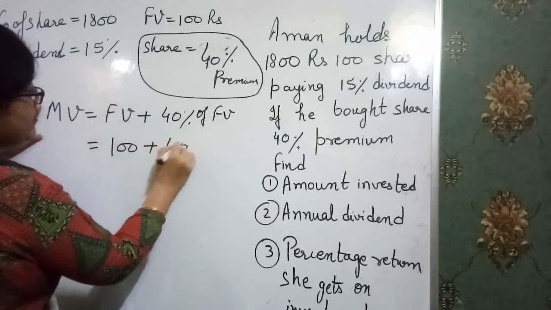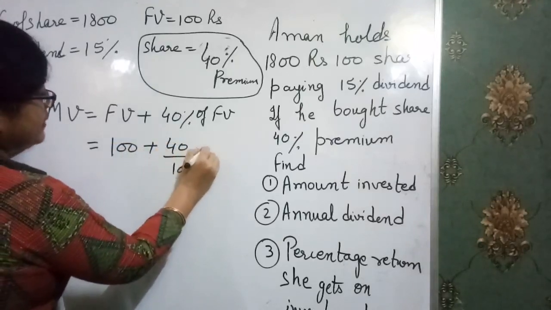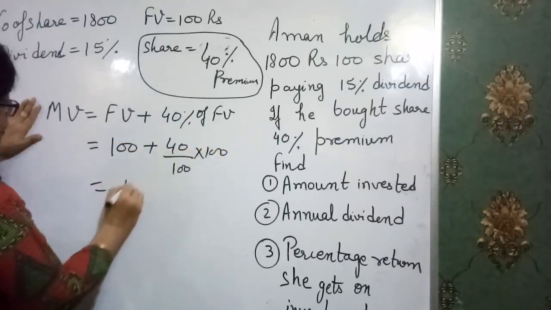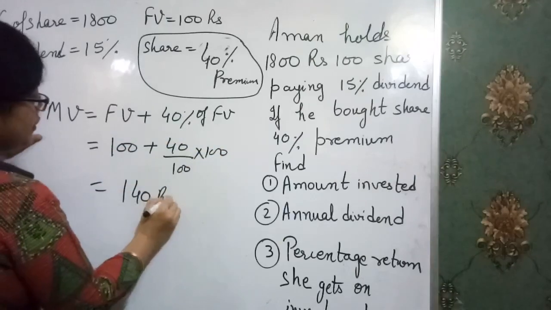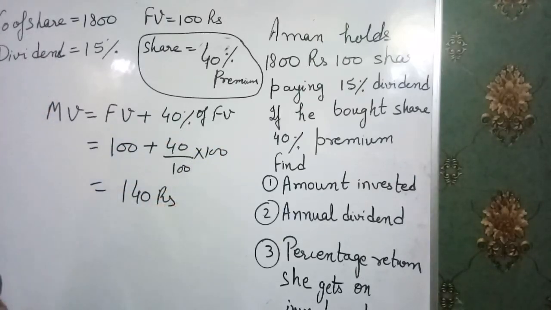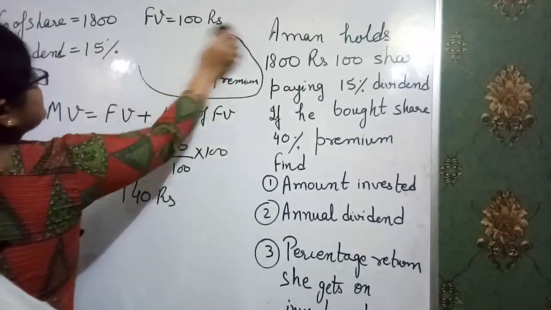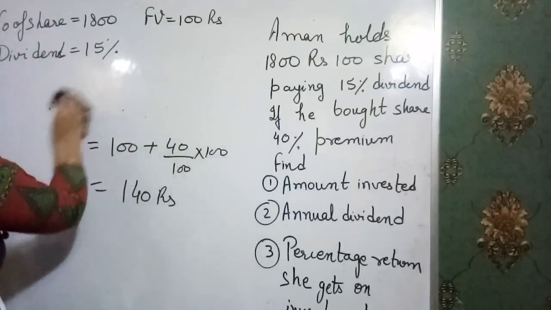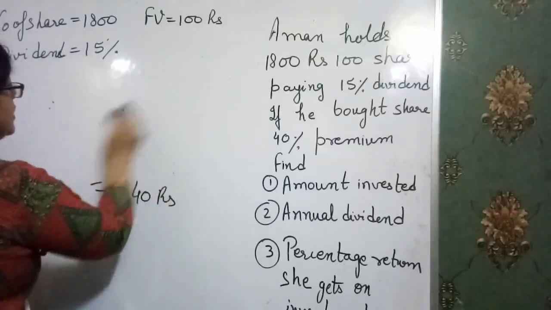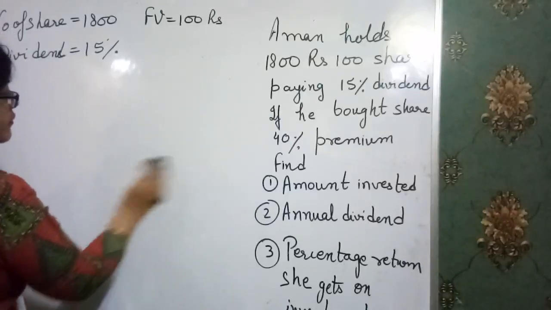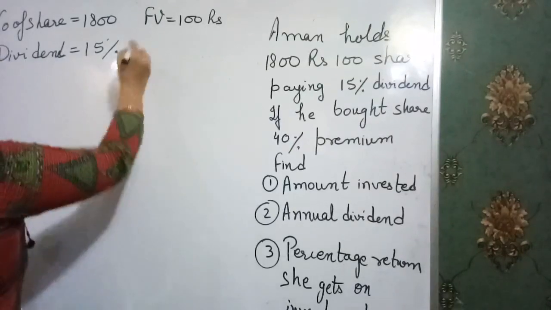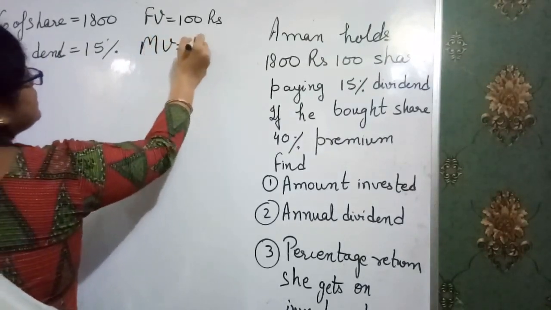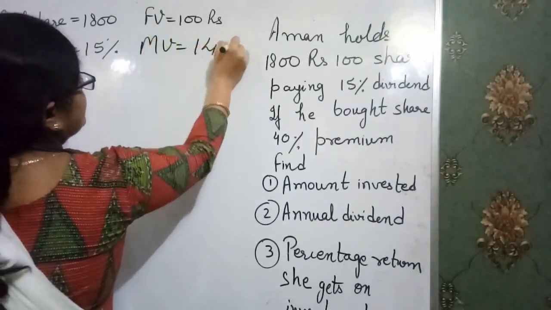That means 40 over 100 into 100. That means we have market value rupees 140. In this way you calculate the market value of the share. Now I am going to rub all these things. So the market value of the share becomes rupees 140.